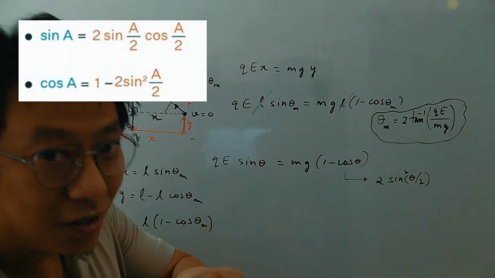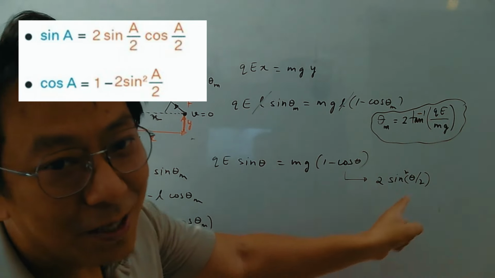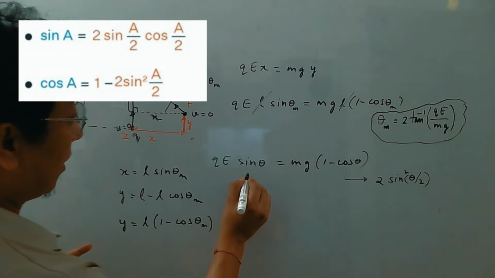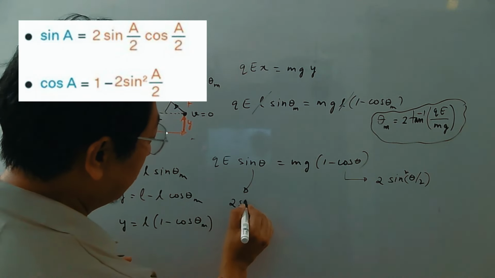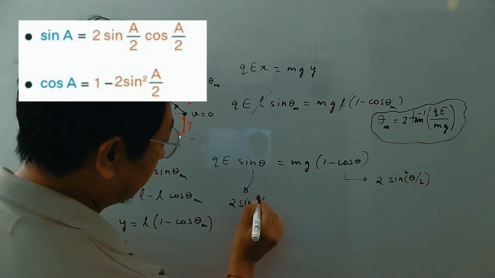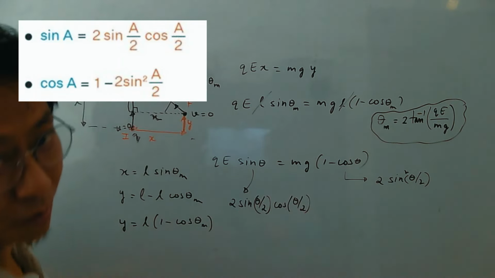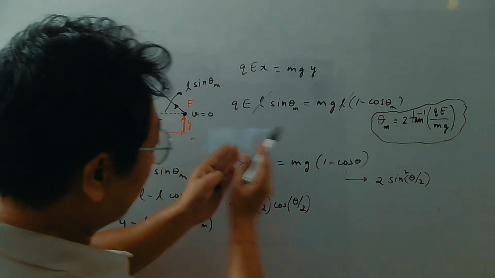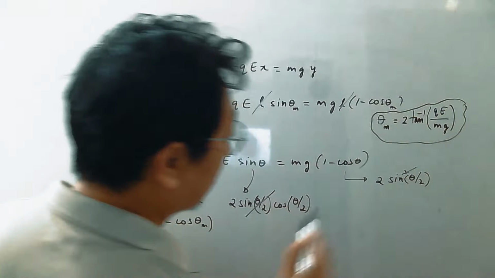So 1 minus cos theta will be 2 sine square theta by 2. And sine theta, therefore, in half angle can be written as 2 sine theta by 2 cos theta by 2. So this you must know from trigonometry. So when you substitute these two here, one sine theta by 2 will cancel.